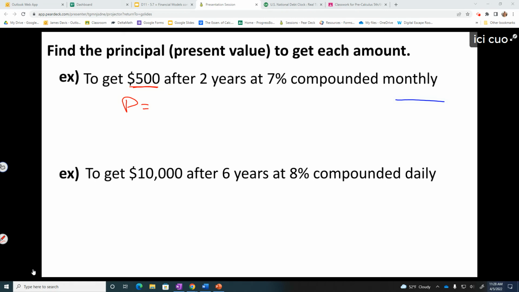So our present value is going to be 500 over 1 plus 7%, which is 0.07. Our number of compounds is monthly, so it's going to be 12. And the easiest thing to forget is the negative up there. We forget sometimes too. Because we're solving for the present, we need a negative up there.